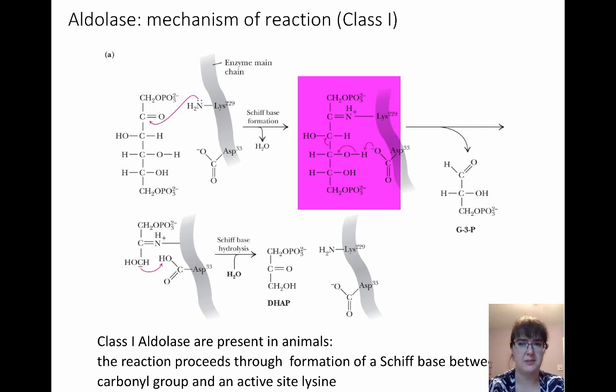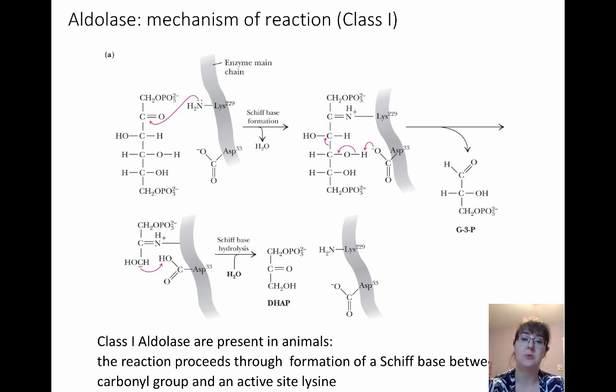As that Schiff base is formed, another residue can then do some acid-base chemistry to complete the cleavage reaction. From here, we complete the mechanism because we need to break that covalent bond so that our Schiff base will be hydrolyzed and we can get our final product released.